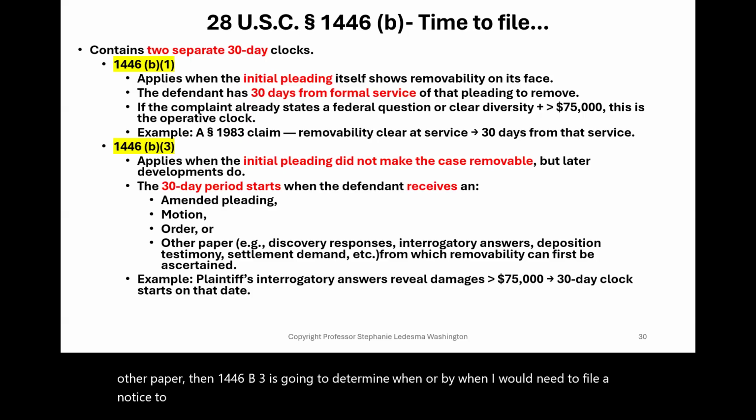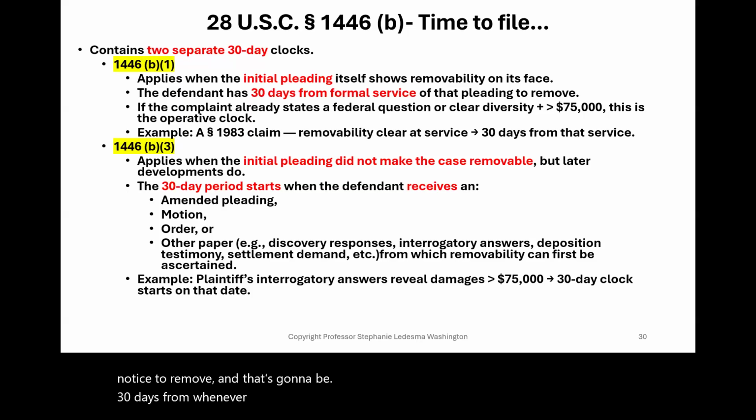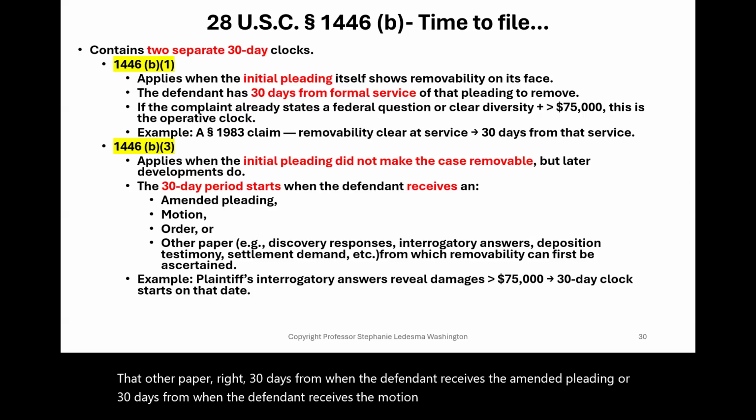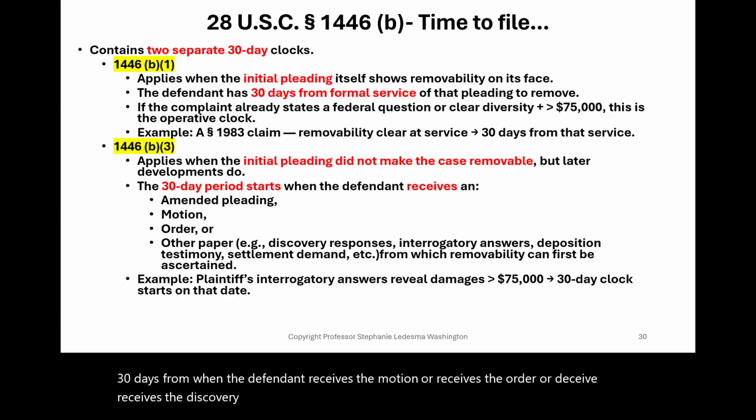And that's going to be 30 days from whenever the defendant receives that other paper, right? 30 days from when the defendant receives the amended pleading, or 30 days from when the defendant receives the motion, or receives the order, or receives the discovery responses. Get it? Right?